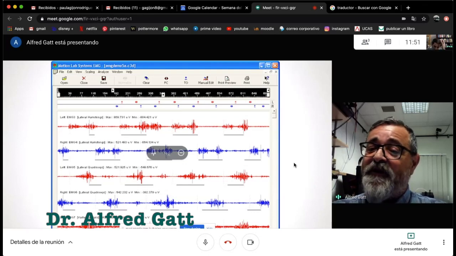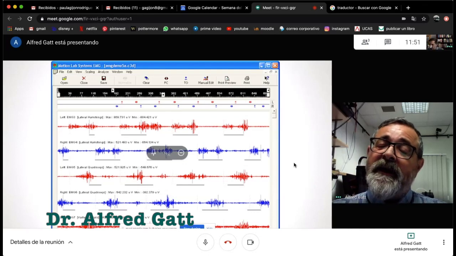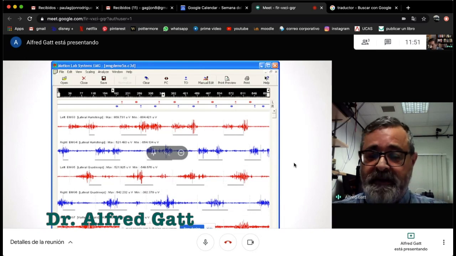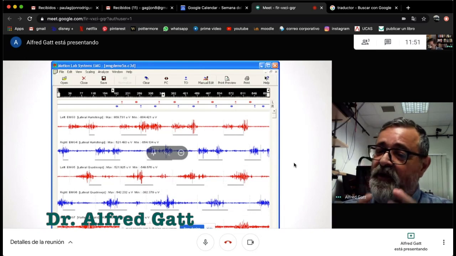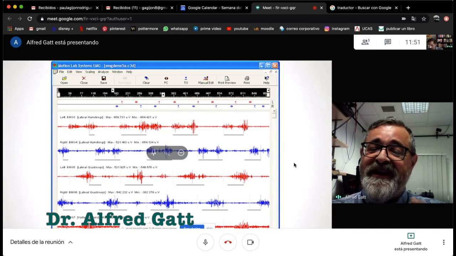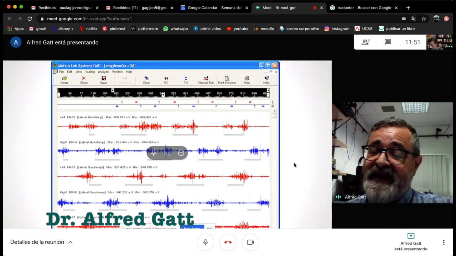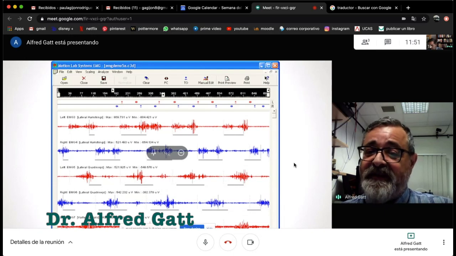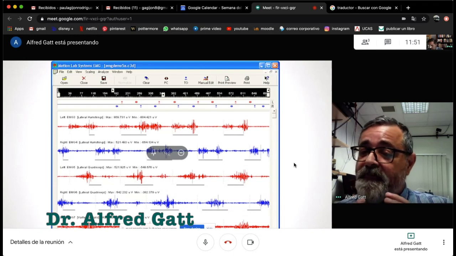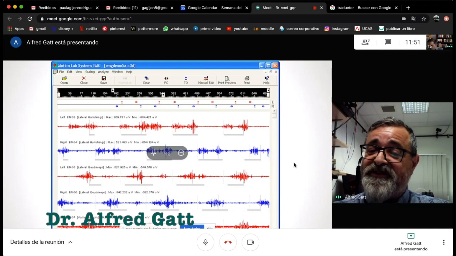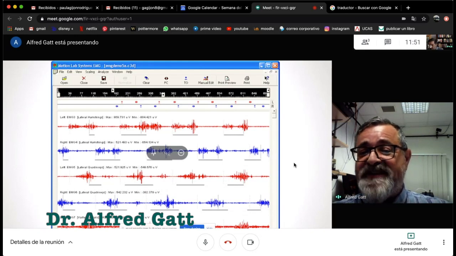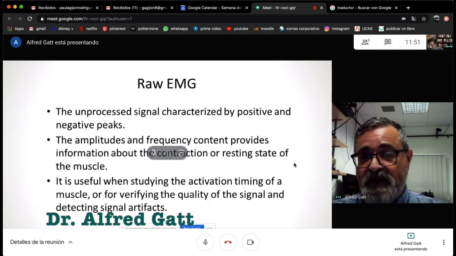However, if we follow these two things I have said before, careful skin preparation, and careful placement of the sensor onto the position which we know is related to a specific muscle, we can get a much cleaner signal.